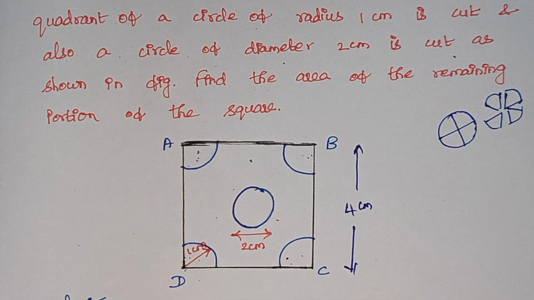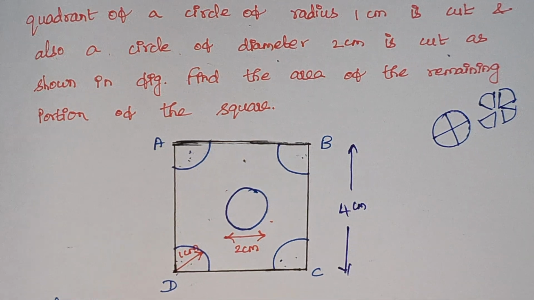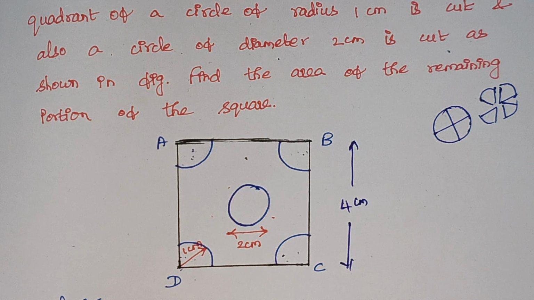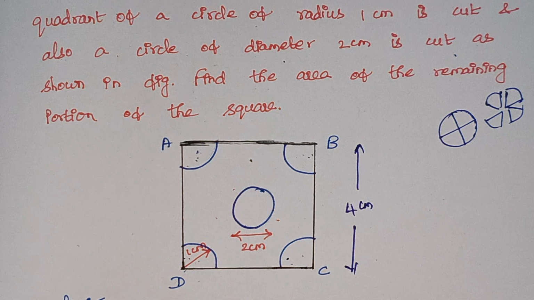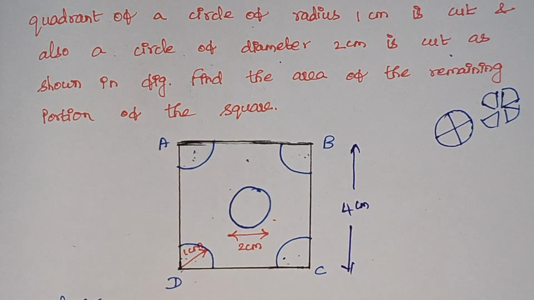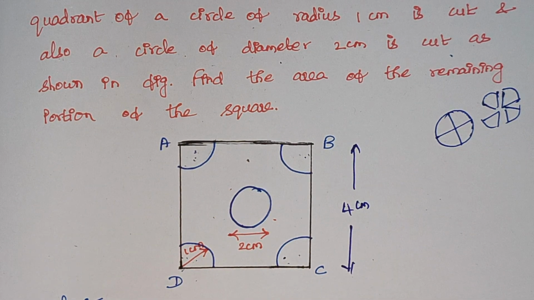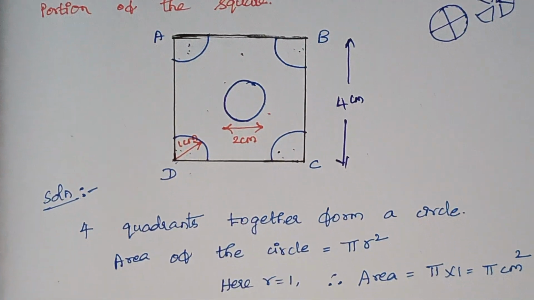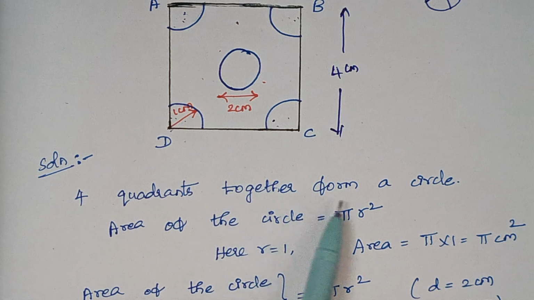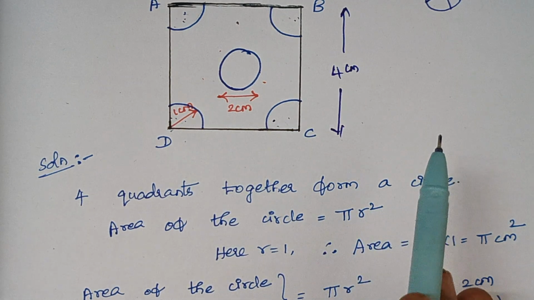So here in this case, what is the area of the circle? It is given by pi r square. What about the radius of this quadrant? It is obviously 1. So just substitute the value of r as 1, then the problem is solved. Right. So here you see four quadrants together form a circle, just now as I explained.